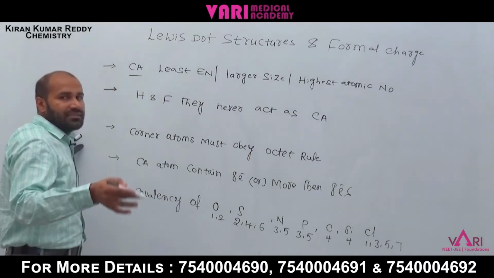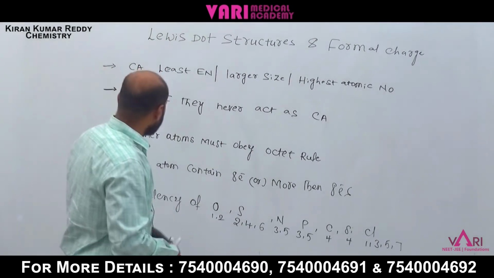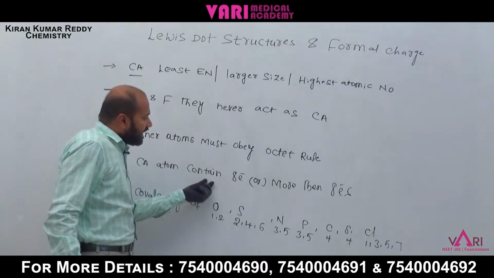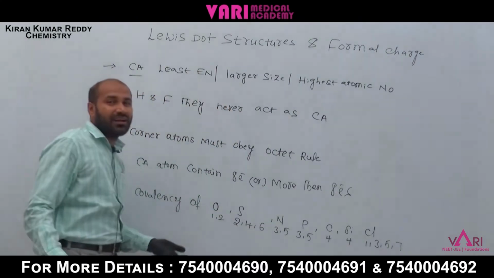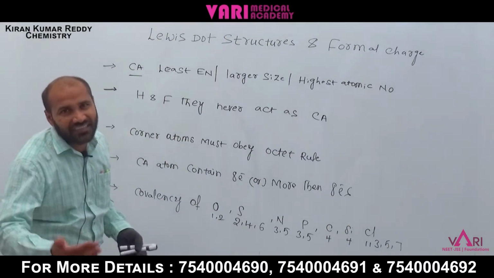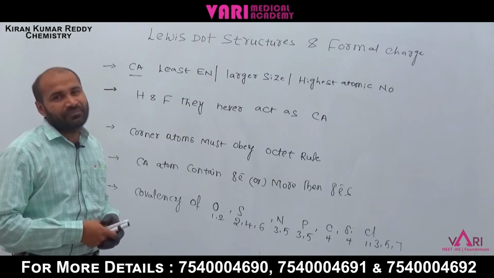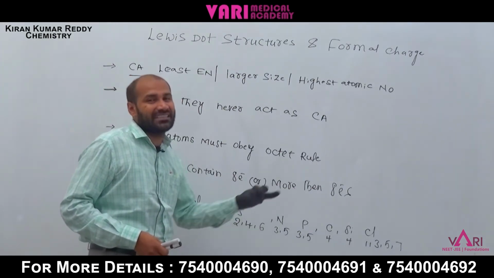Every atom must contain 8 electrons in the outermost energy level. Next, the central atom contains 8 electrons or more than 8 electrons, which means it is not obeying the octet rule. More than 8 electrons means expanded octet, super octet.